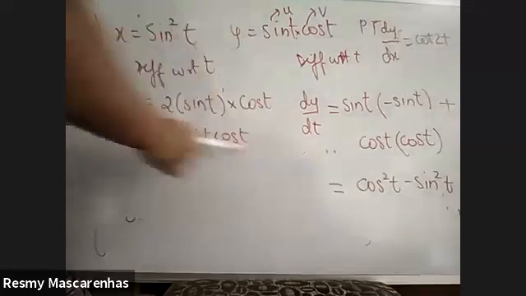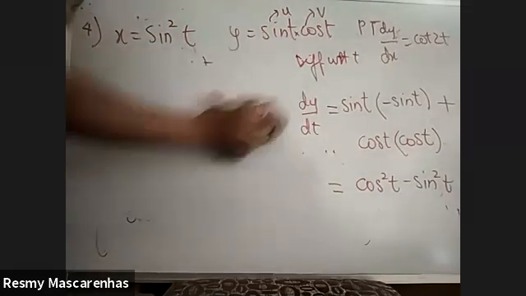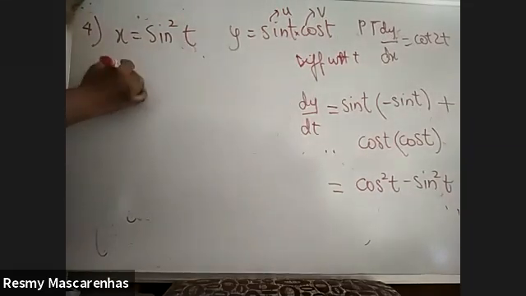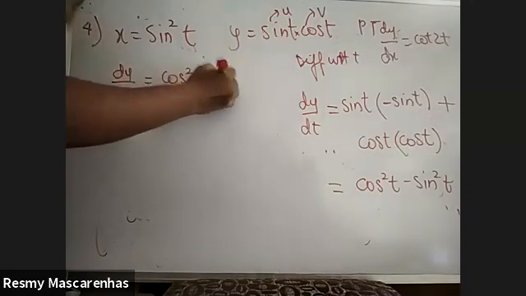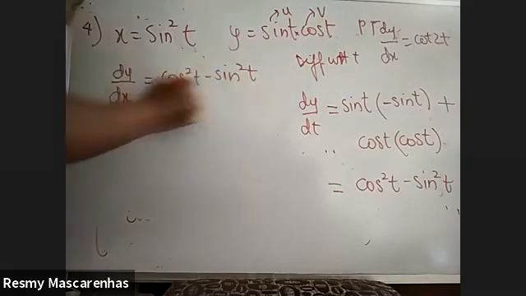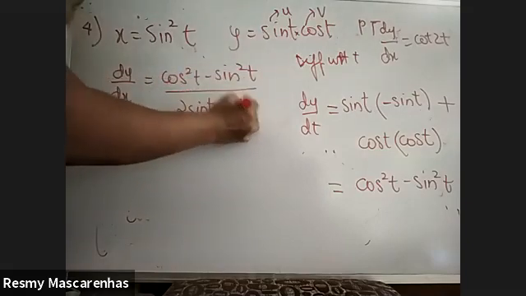So second answer upon the first answer. So dy by dx will be nothing but cos square t minus sine square t upon 2 sin t cos t.